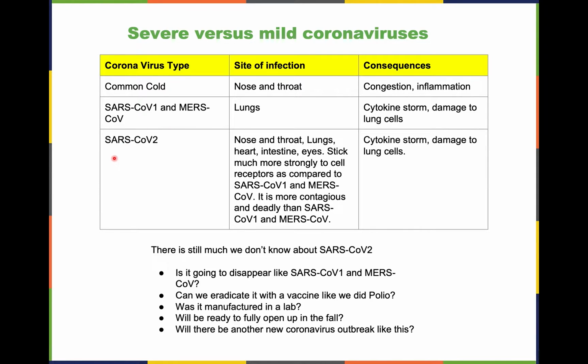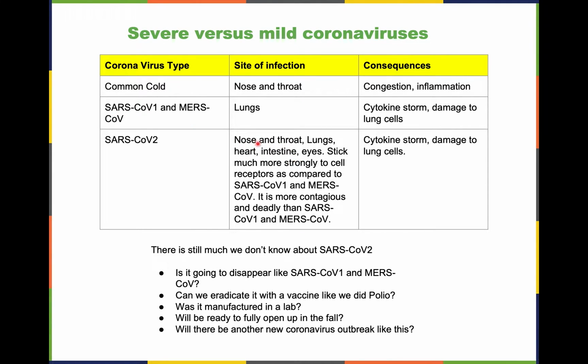So that's what makes the current virus that we're dealing with much more contagious, because it can not only infect the cells in the lungs, it can also infect your nose and throat. And that's why some people actually experience losing taste. And that's why this current virus is so much more contagious than the one that we had before.